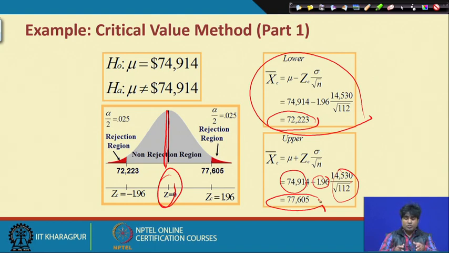So the confidence interval for this mean mu equal to 74,914 is 72,223 to 77,605.